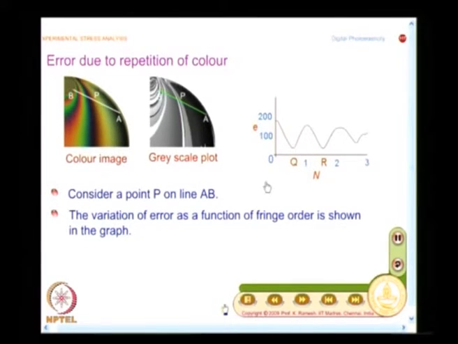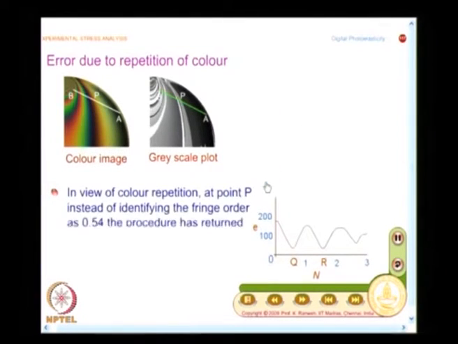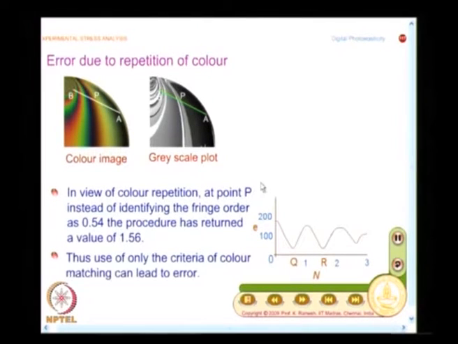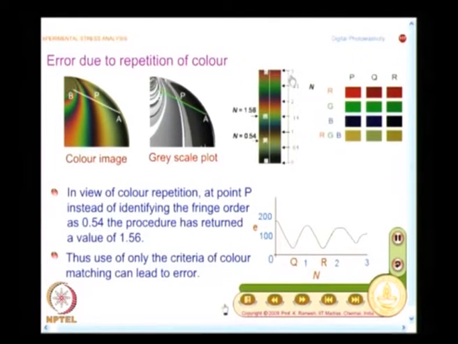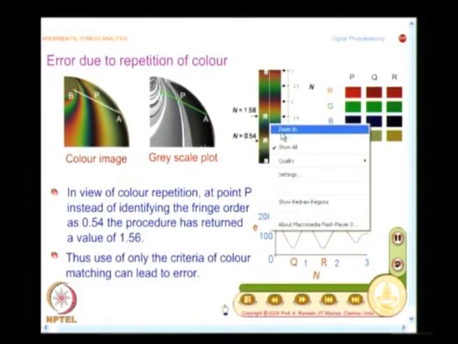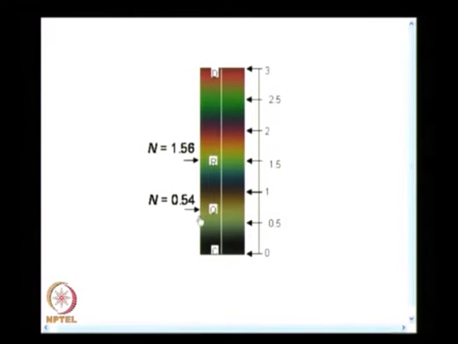If I depend only on the color, then I will have to be careful. What you find here is I have the color code from 0 to 3, and what has happened is the fringe order at the point Q is 0.54.